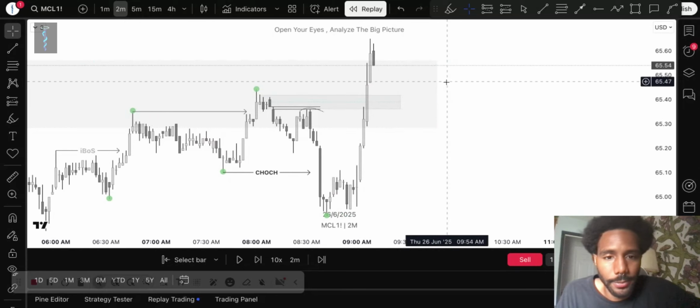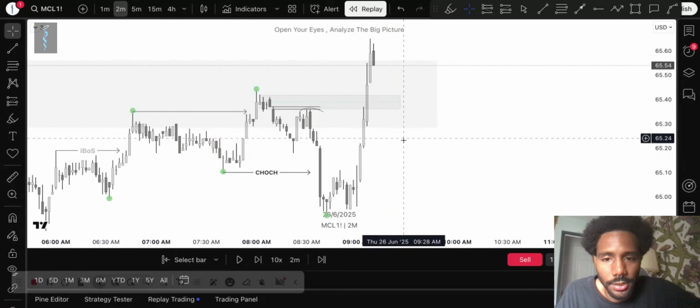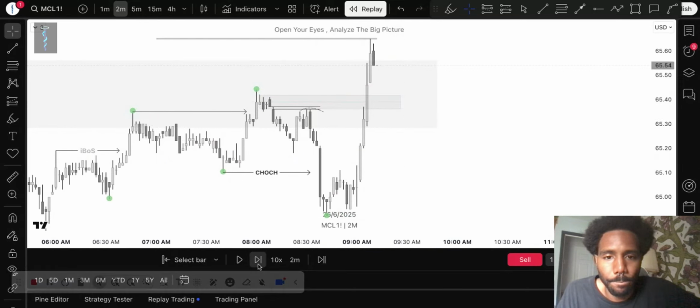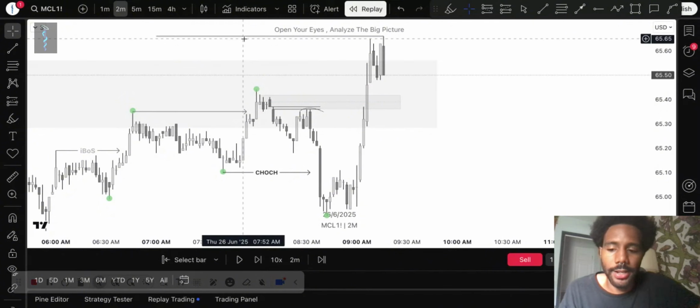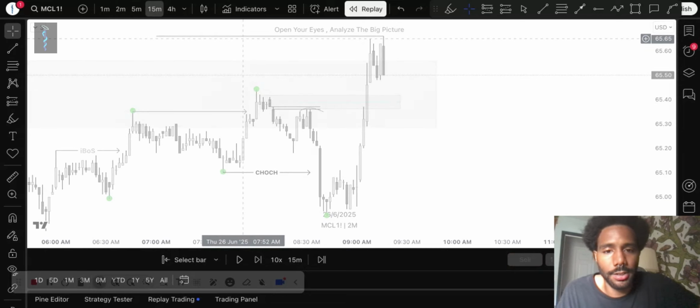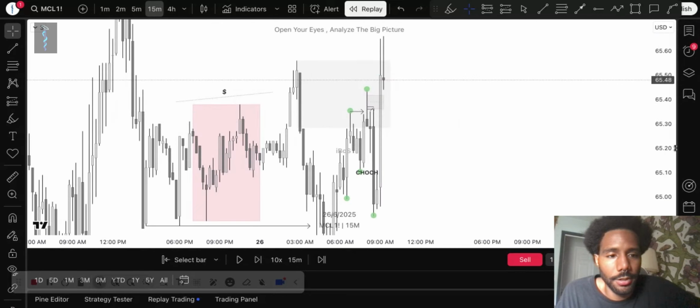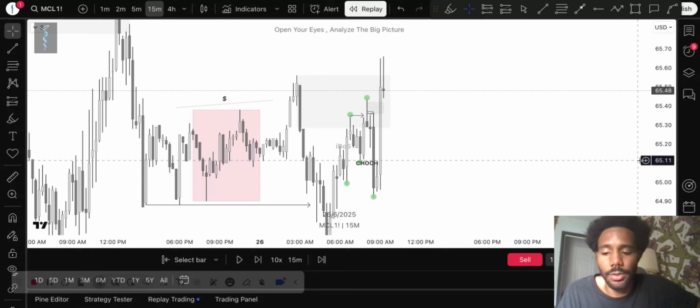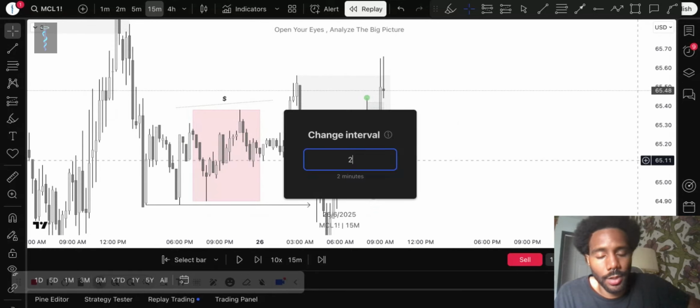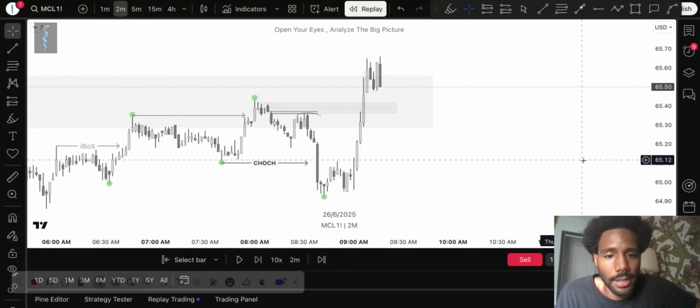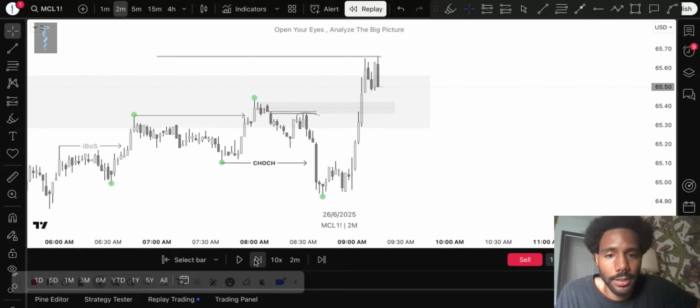So zooming back in to the 2 minute, I want to see a body close. So price is consolidating. We got 2 other candle closures outside of the zone, but there still has yet to be a body close on the 15. So I want to wait patiently until I get both of those realigned.